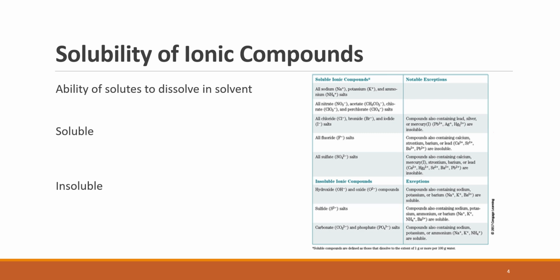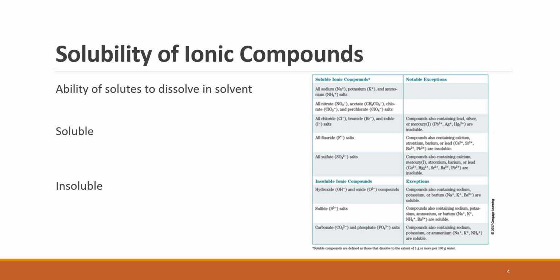If you were predicting the products of a precipitation reaction, how would you tell which one of the products formed a solid? In order to figure that out, you would need to use a solubility table. You can see the solubility table off to the right on this slide. This is the same solubility table that you have glued into your lab manual as one of your reference pages.